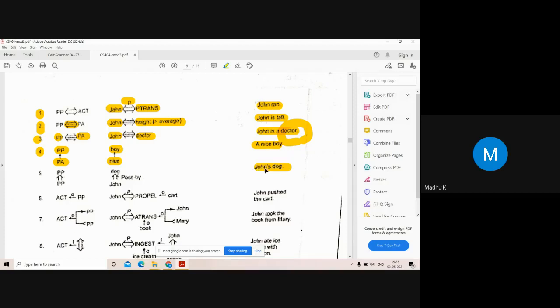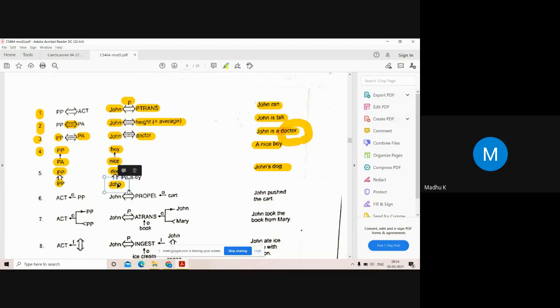Similarly, "John's dog," or "my pen." If the sentence is like this, we use this format, PP and PP. John is the picture producer, and dog is another PP.